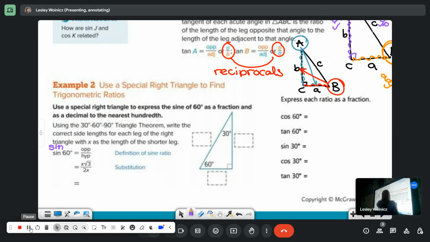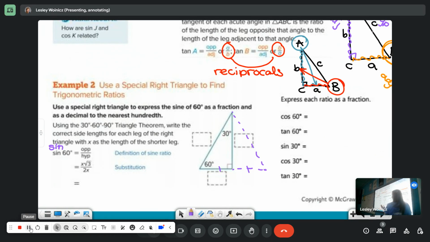Okay, remember our 30, 60, 90 right triangle comes from an equilateral triangle where we drop a perpendicular bisector. We bisect this side and this 60-degree angle. So we end up with a 30-degree angle, we get a 90-degree angle.